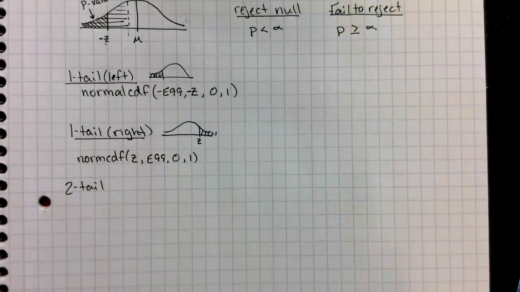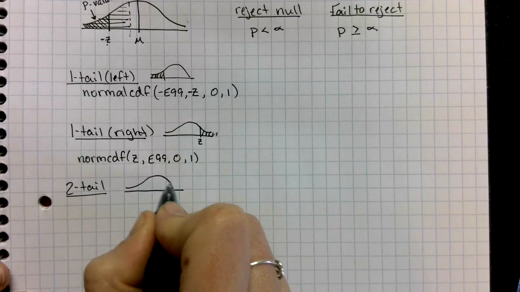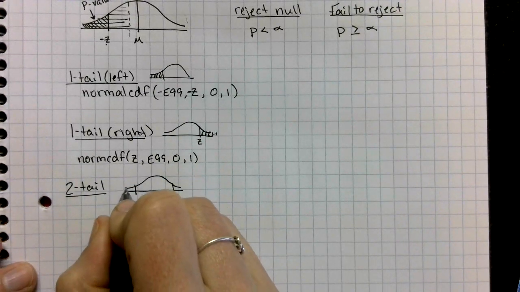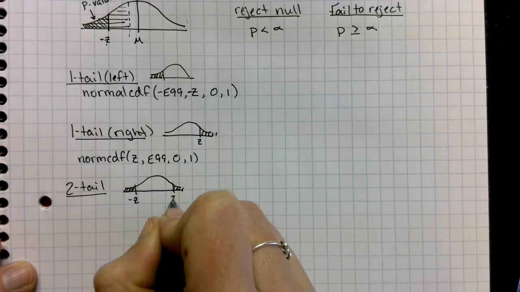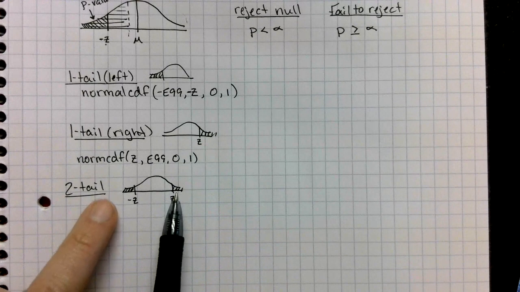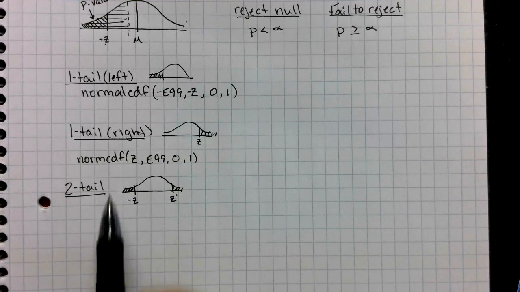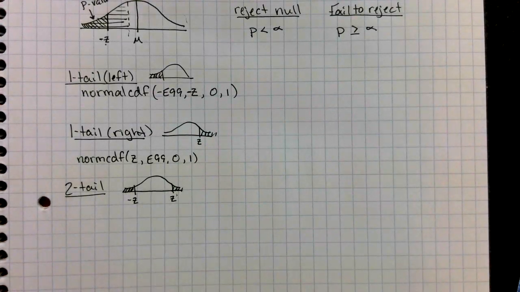Okay, so now what about a two-tail test? Because a two-tail test, you have two values. So what you have to do is figure out both of these areas. Now with this, it is symmetric because this is a normal distribution. So whatever this area is, it is the same as this area.